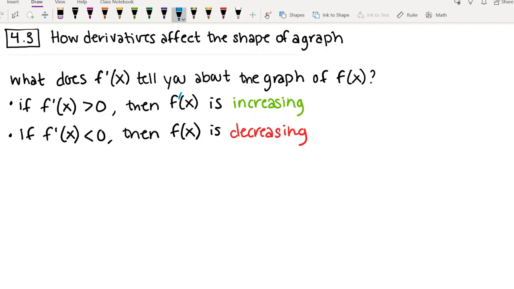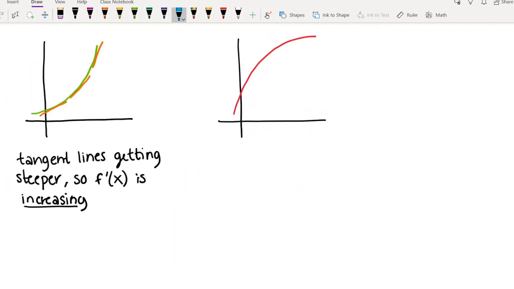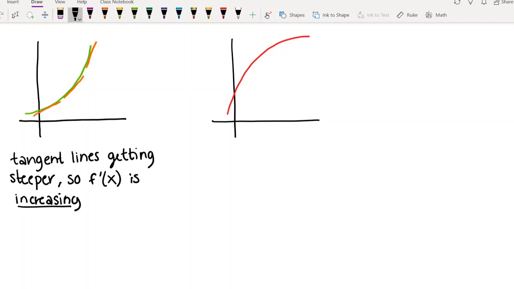So that tells us that the second derivative is positive. This means that f double prime of x is positive because the rate of change of the first derivative is positive.